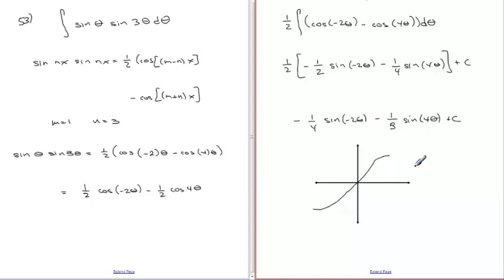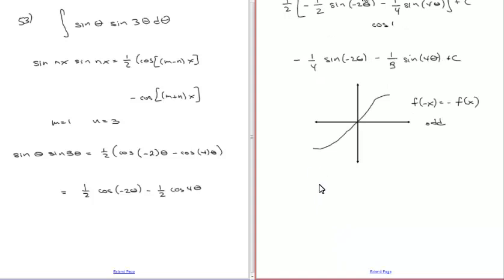So we can change the sign to positive theta, and we end up with positive 1/4 the sine of 2 theta minus 1/8 the sine of 4 theta plus c.